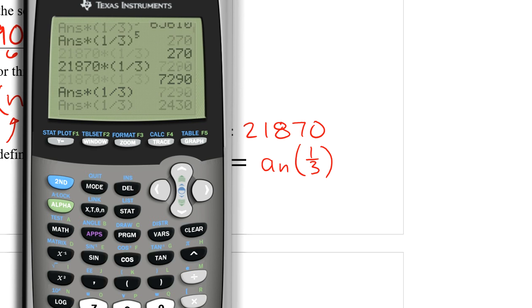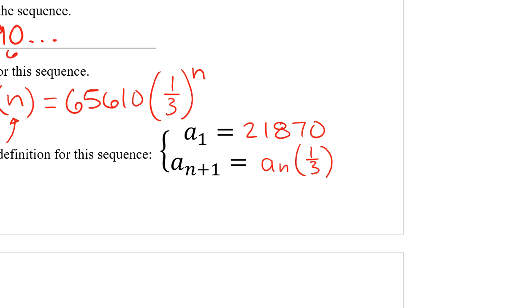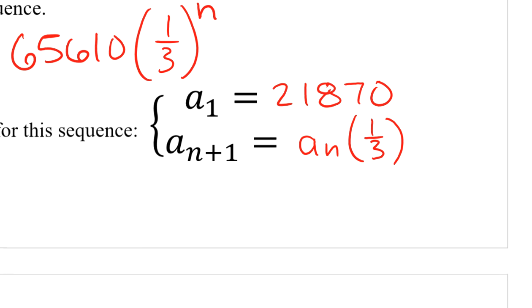So every single time I'm just continuing to multiply by 1/3 to move forward. Being able to read this is a good skill. But you can see the two parts, right? I start at 21,870, and to get to the n plus 1 term, I take the term that I'm at and I simply multiply by 1/3. So to extend it, you just multiply by 1/3 or divide by 3. That's question 2.